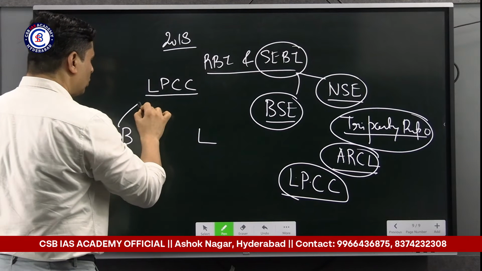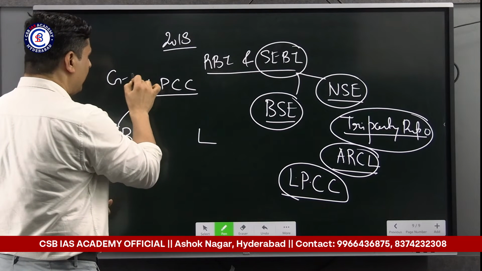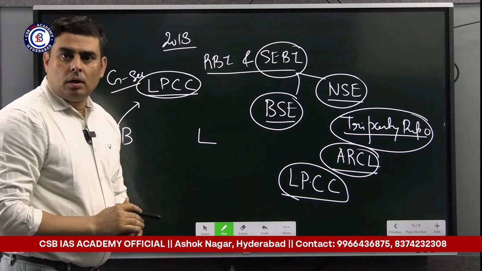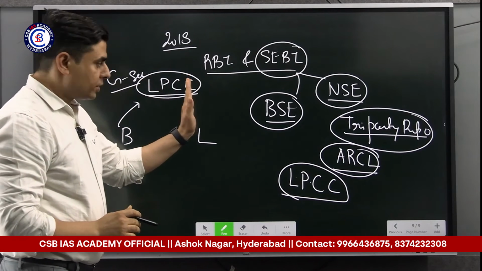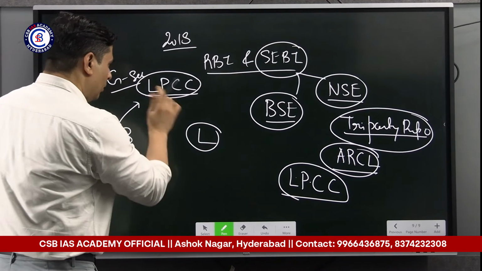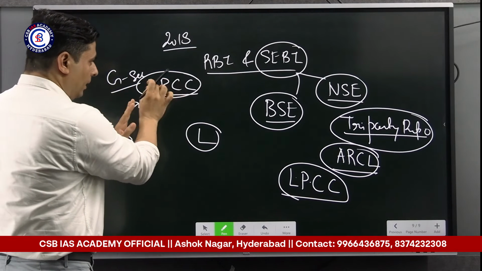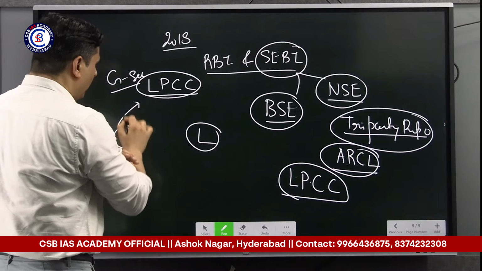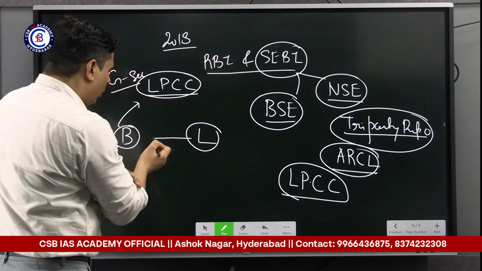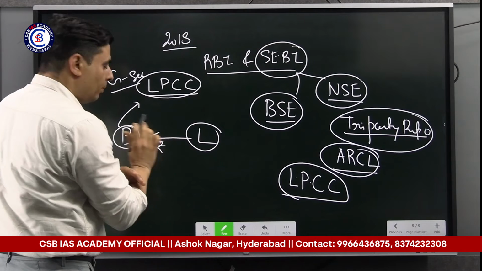The borrower is going to give its government security to the limited purpose clearing corporation. And once it is received by LPCC, the lender will give the money to the borrower.